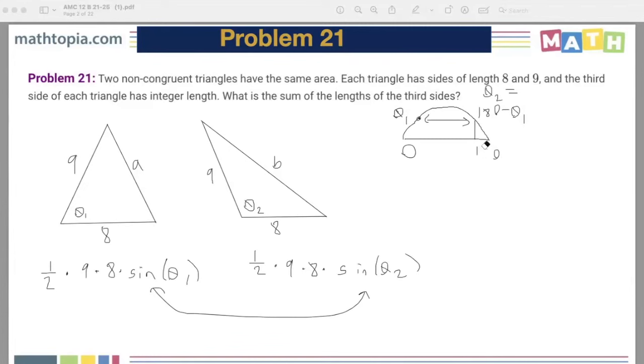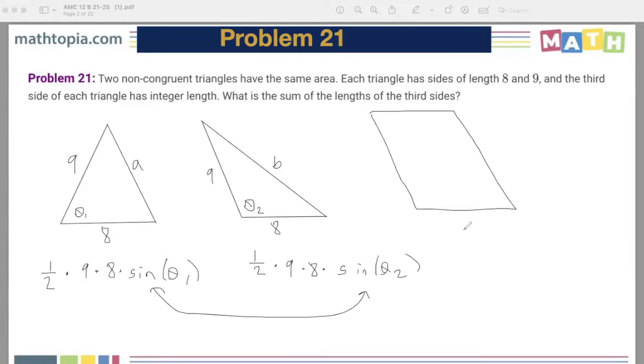If this explanation wasn't convincing enough, there is another proof that this works. We can draw a parallelogram, with sides 8, 9, 8, 9. This is a parallelogram, so these angles are equal and these two angles are equal.